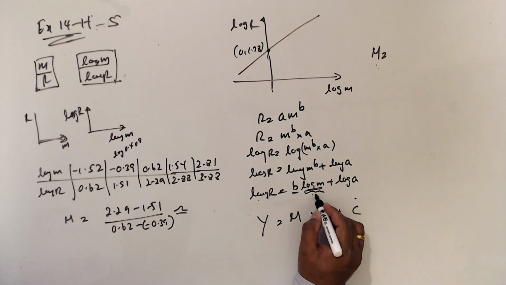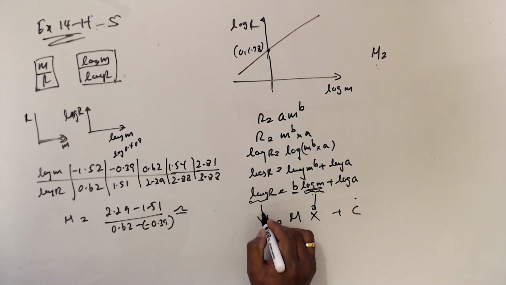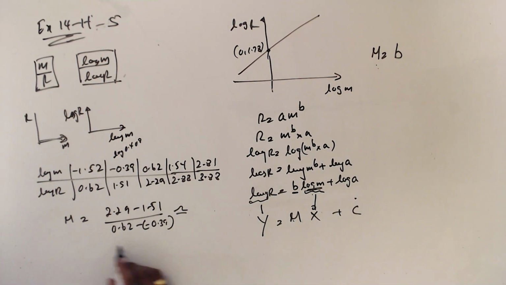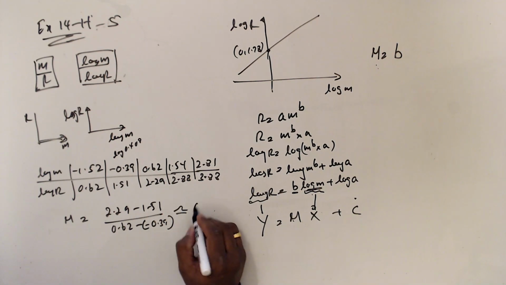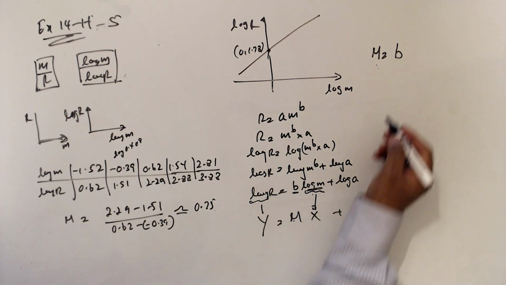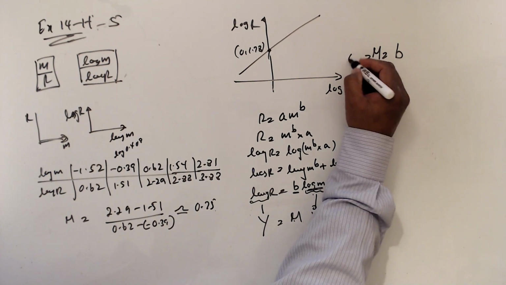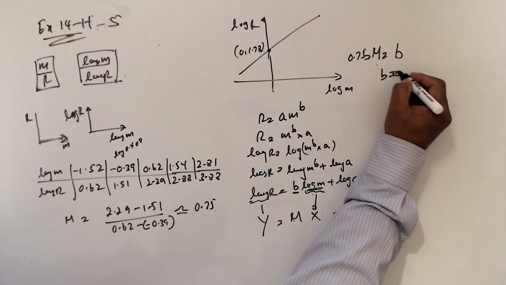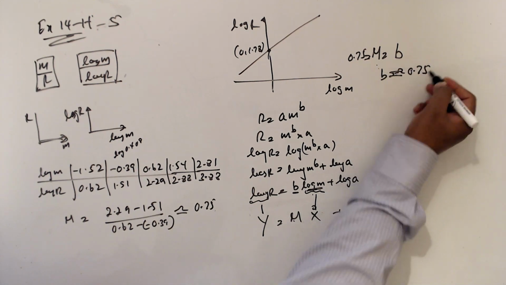So this is the x value, this is the y value. So m equals B. If you find the gradient, straight away we will get B. Change in y over change in x: 2.29 minus 1.51 over 0.62 minus 0.39. So we will get the approximate answer 0.75. So B is approximately 0.75.